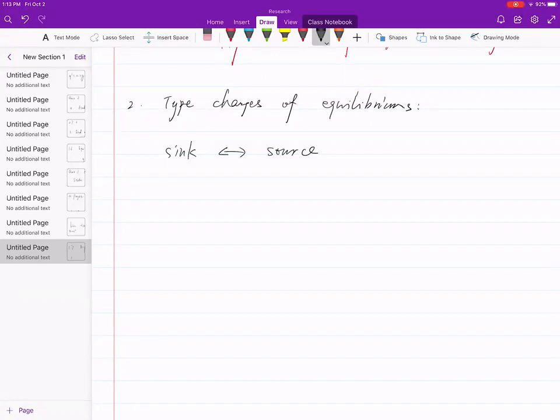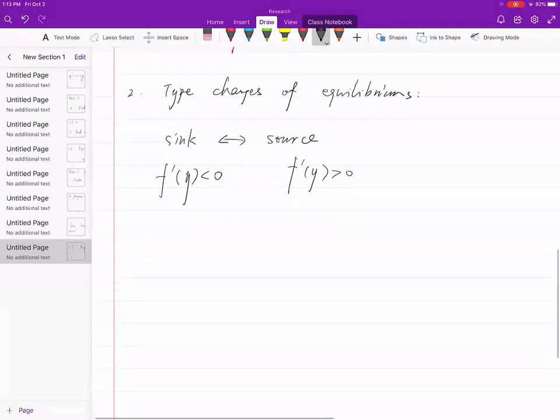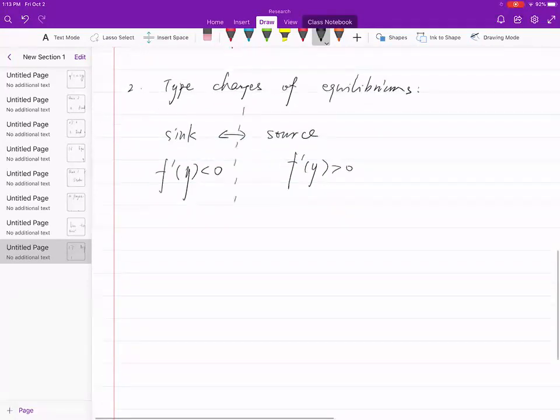By linearization, we know a sink basically means f prime y less than 0, and a source basically means f prime y bigger than 0. So if something changes from negative to positive or positive to negative, that means the change happens when f prime y equals 0. It may not change, but if the change happens, it has to be here.